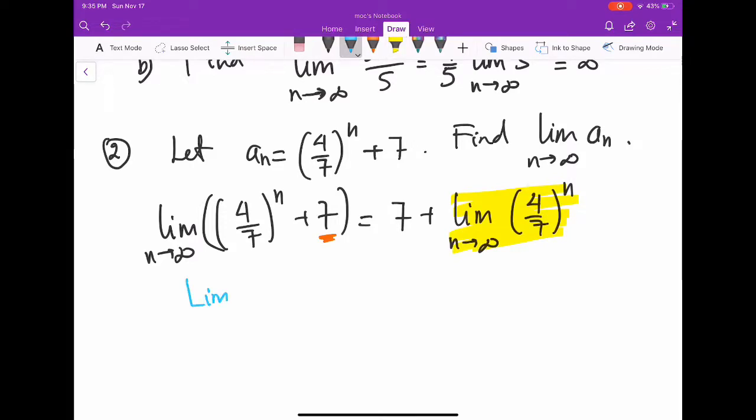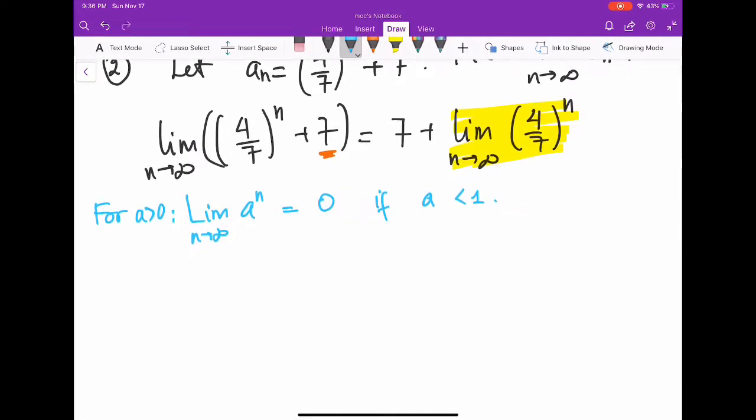We know that the limit of a^n as n approaches infinity, for a greater than 0, is equal to 0 if a is less than 1, equal to 1 if a is 1, and equal to infinity if a is greater than 1.